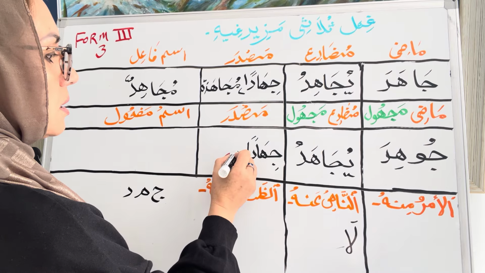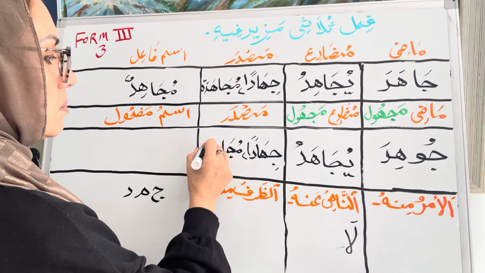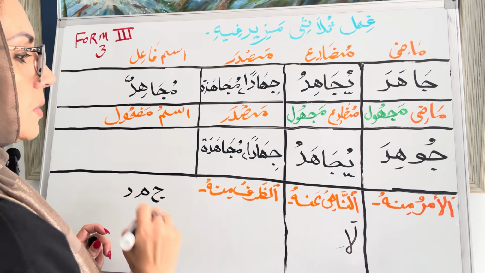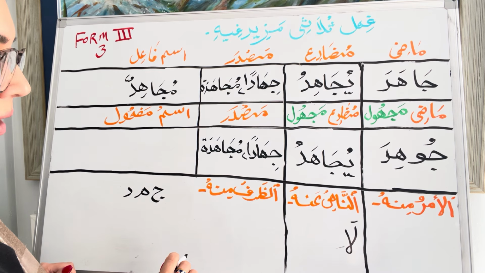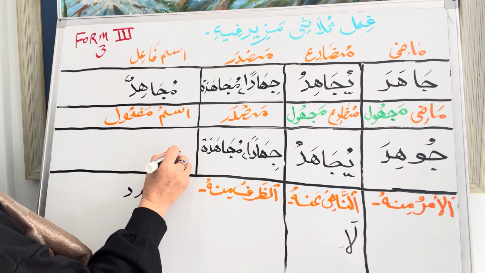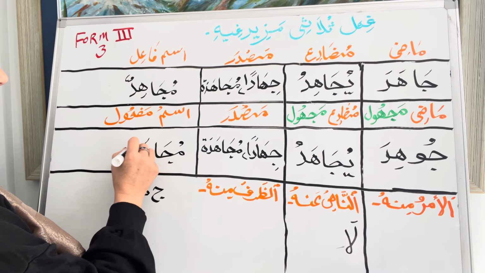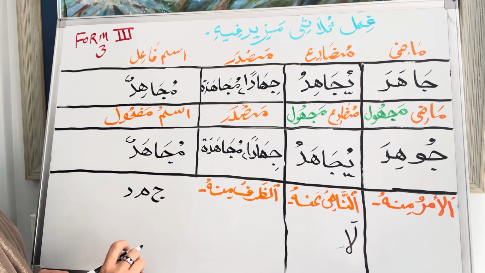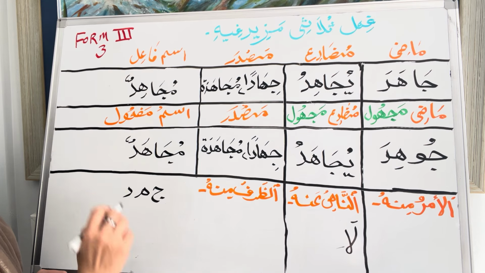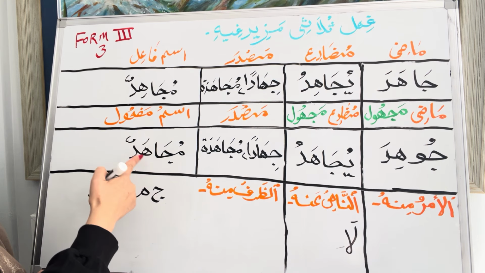And then mujahada. And then the ism maf'ul becomes mujahadun. Here is mujahidun. Here's mujahadun.